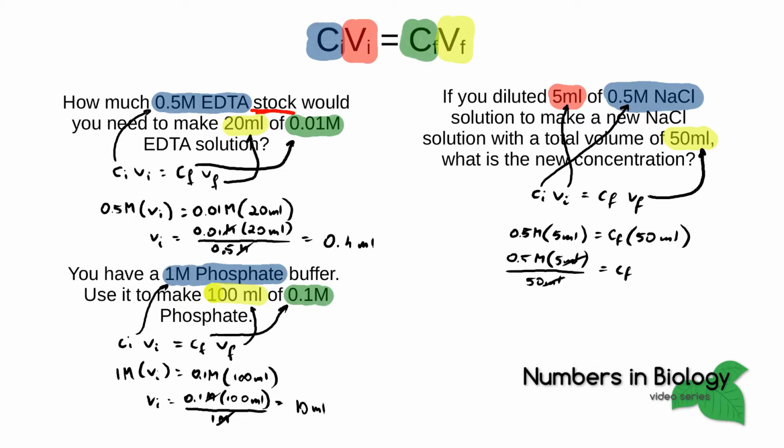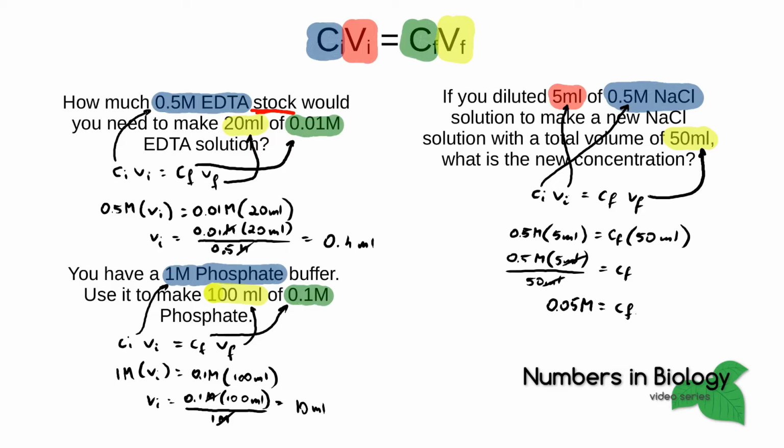The milliliters will cancel out, and so I will have a final concentration in moles per liter, or molar. And so in this case, our concentration is 0.05 molar, so CF. That means that the final concentration that you prepared using this procedure was 0.05 molar.